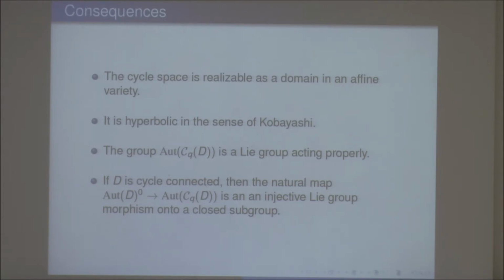And not only injective, it's an injective Lie group morphism onto a closed subgroup. So you have the best situation you could have hoped for. My contribution here is something, but this of course uses a lot of deep classical work on what is a Lie group, what is not a Lie group, and the topology of this situation.